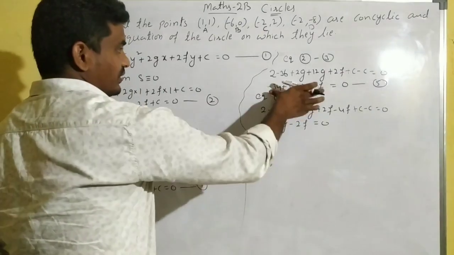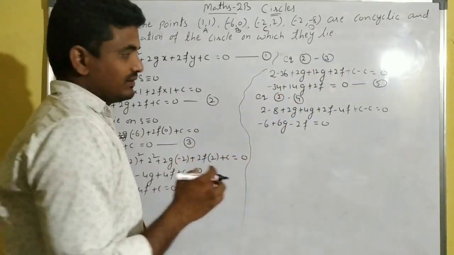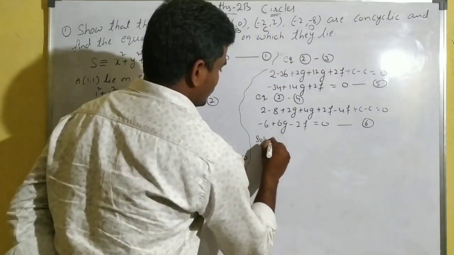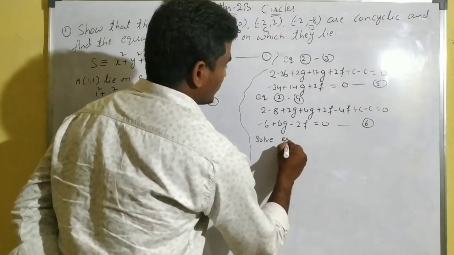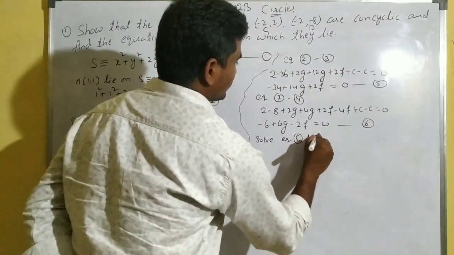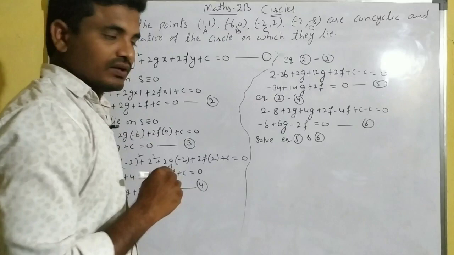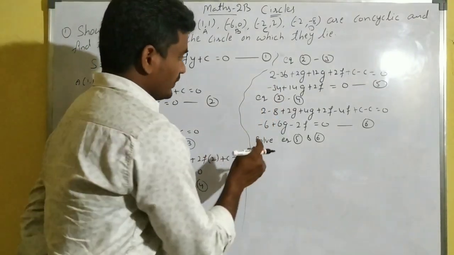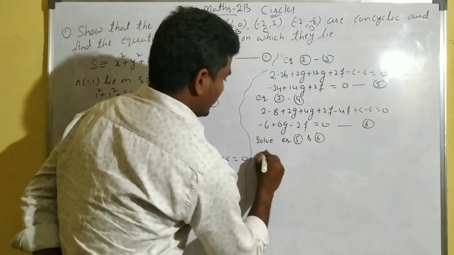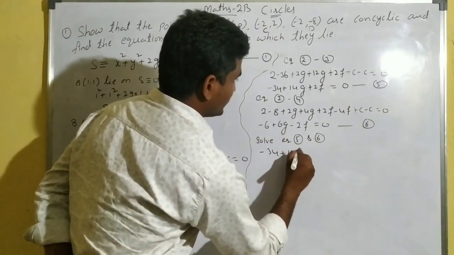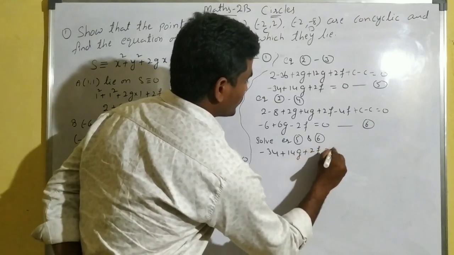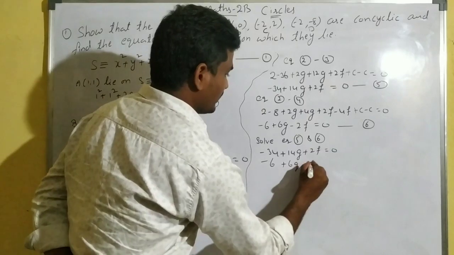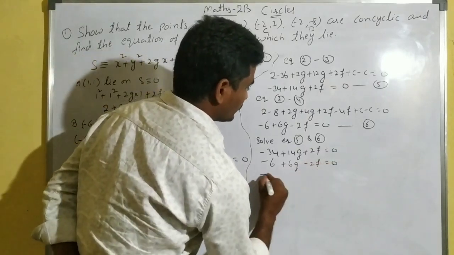Next, when you solve these two equations, 5 and this I am taking as equation number 6, solve equation number 5 and 6. So what do you get? Equation number 5 is minus 34 plus 14g plus 2f equals 0, and this is minus 6 plus 6g minus 2f equals 0.